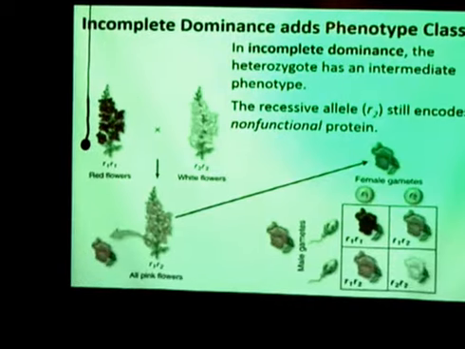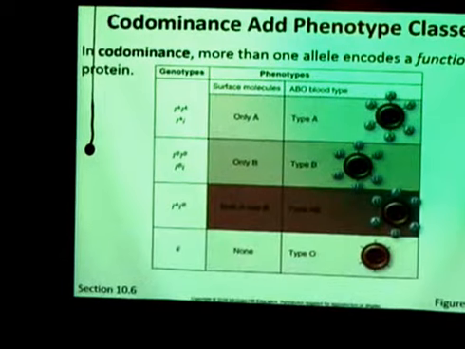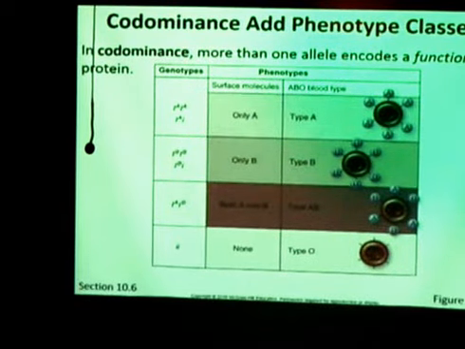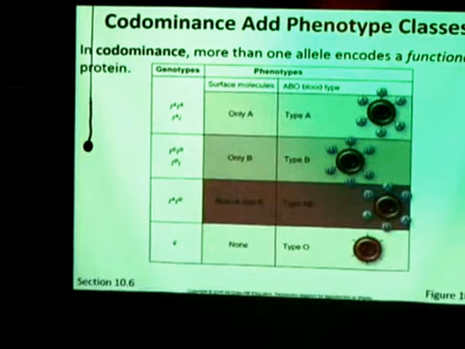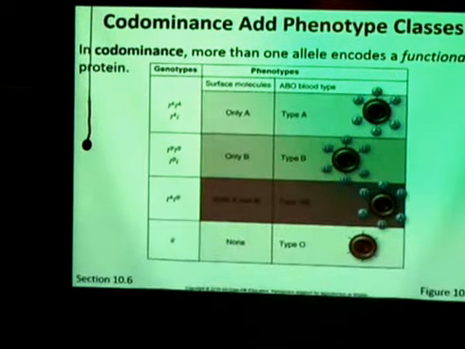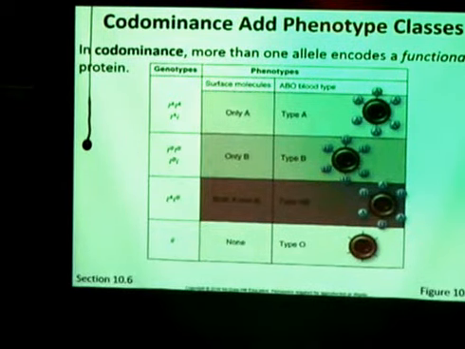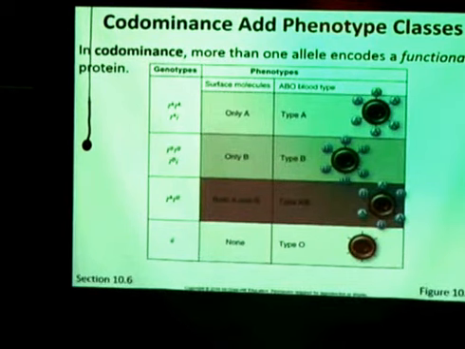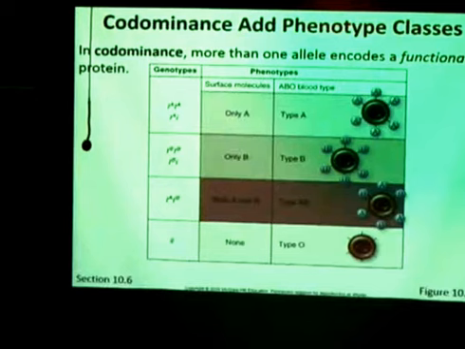Another condition is in the case of our blood typing. In blood typing, you could be type A, type B, type AB, or type O. Whether people are type A, B, or AB depends on what is present on their blood cells.